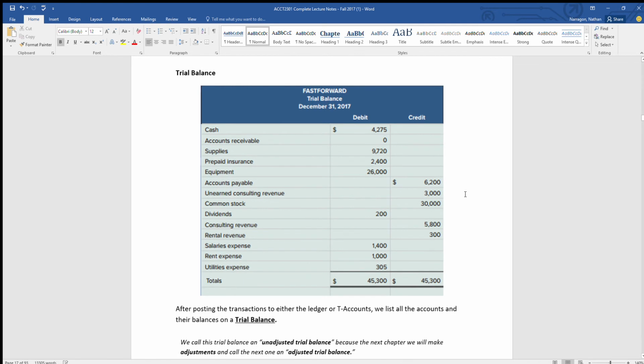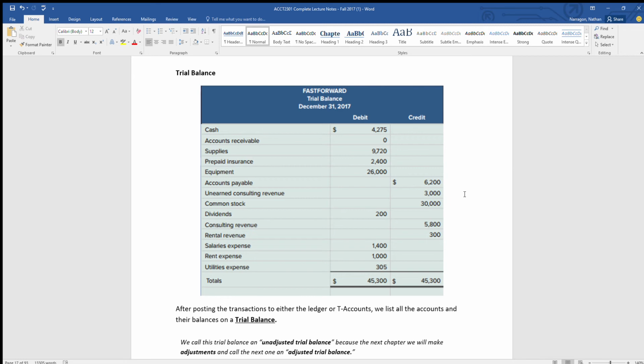Okay. So once you've done all your T charts, T accounts, everything, we're going to list them out in what is known as a trial balance. This is known as an unadjusted trial balance because we haven't done any adjustments, but we actually do adjustment entries.